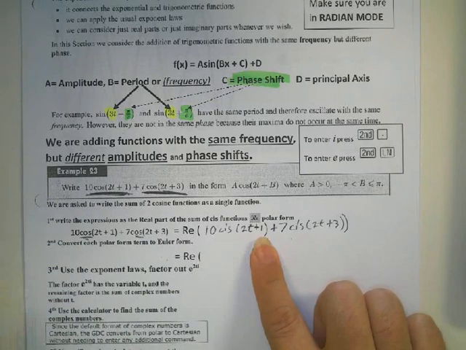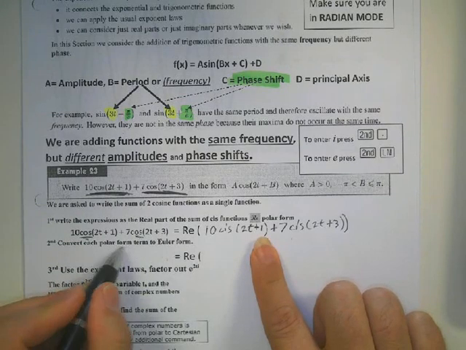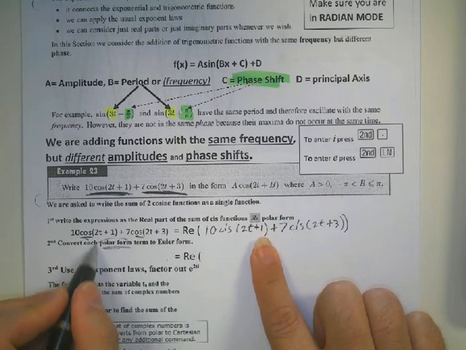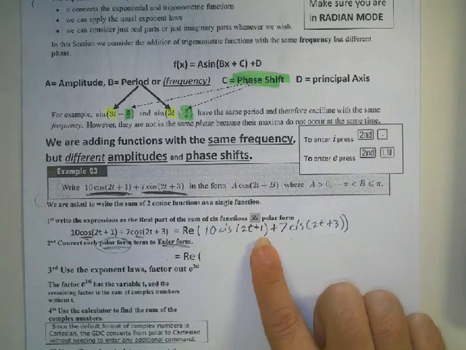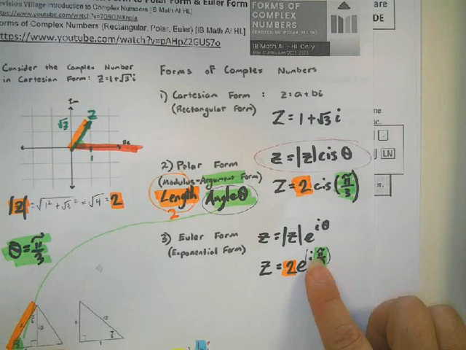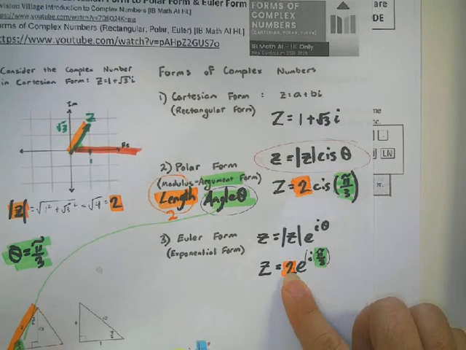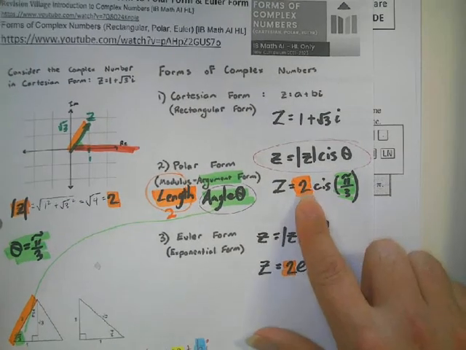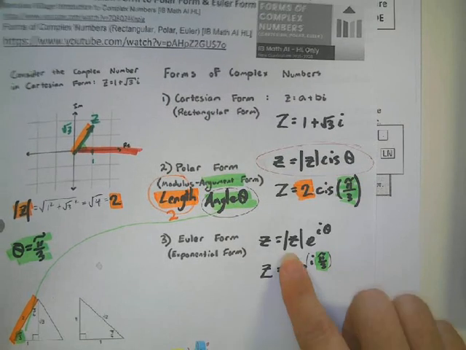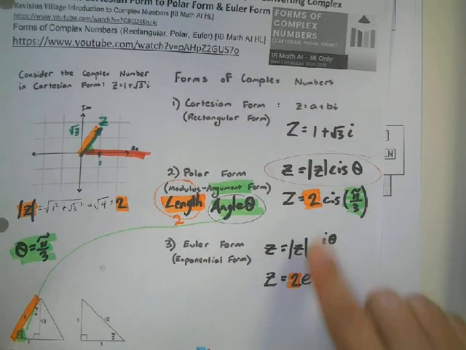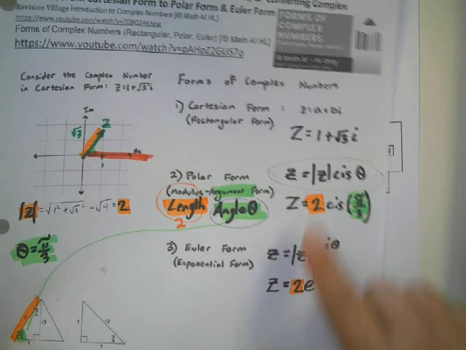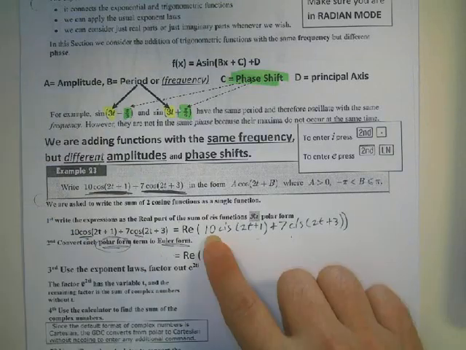Okay, so now I'm going to convert this from polar form to Euler form. To convert this from polar form to Euler form, we're going to use this relationship. The modulus, or the length, the magnitude, is going to stay the same from polar to Euler form.